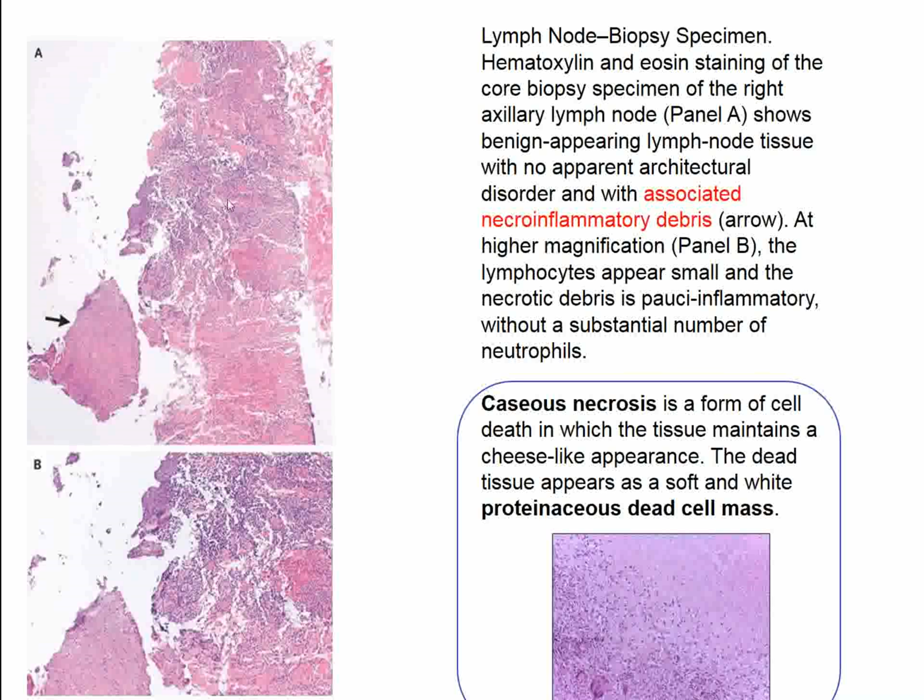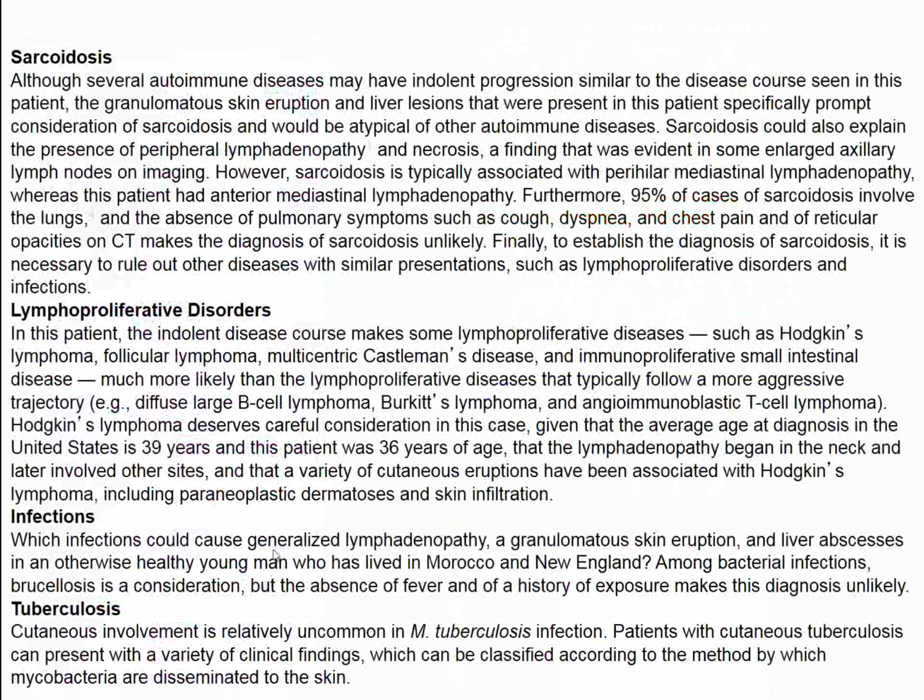So he has a skin biopsy. And I don't know what this is, massive round cell infiltrates, lots of inflammation, necro-inflammatory debris, the pathologist says. Reminded me of a condition that when I look at areas like this, I'm not a pathologist, so Wolfgang Schneider is going to come to the next session. He can comment on this, but I thought about, could this be caseous necrosis, which would be diagnostic for tuberculosis?